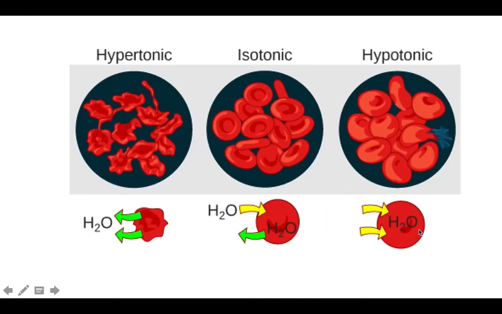And so we talked about hypertonic, isotonic, and hypotonic, and you should know these terms, hopefully from freshman bio. In a hypertonic environment, the cells themselves will have to be hypotonic, and therefore the net flow of water will be out of the cell, and the cells will shrink. In a hypotonic environment, on the other hand, cells will be hypertonic, and therefore the net flow of water will be into the cell.